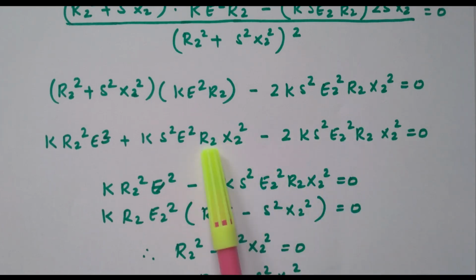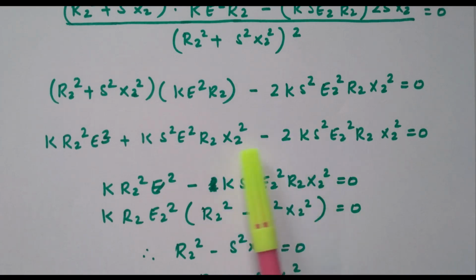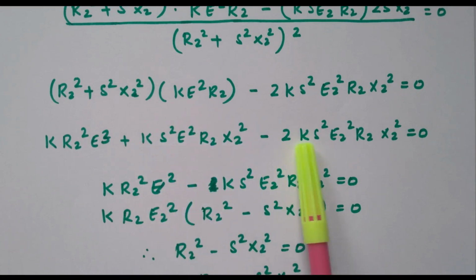So this term is available 2 times. So 1 minus 2 means minus 1, right? This is 1, this is minus 2, 1 minus 2 is minus 1. So that k r2 square into e square minus this k s square e2 square r2 into x2 equal to 0.